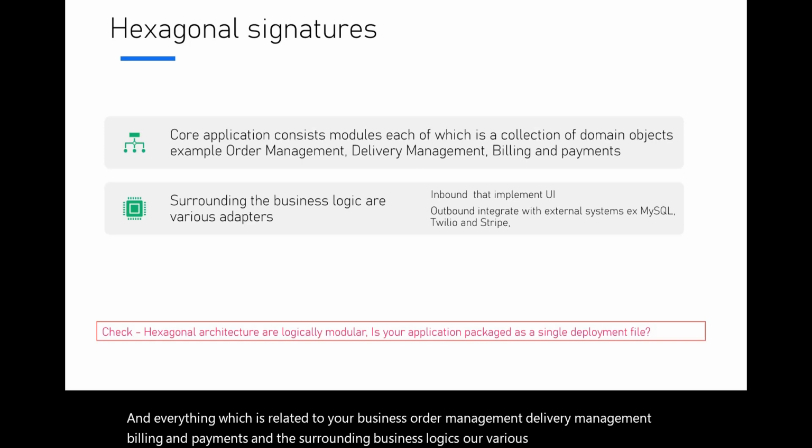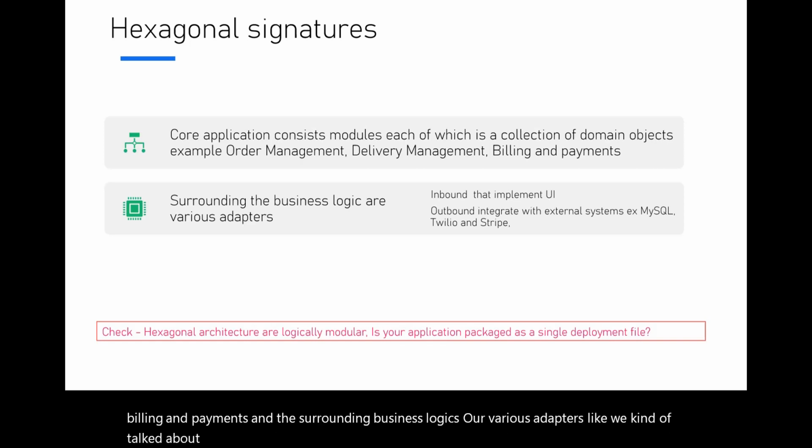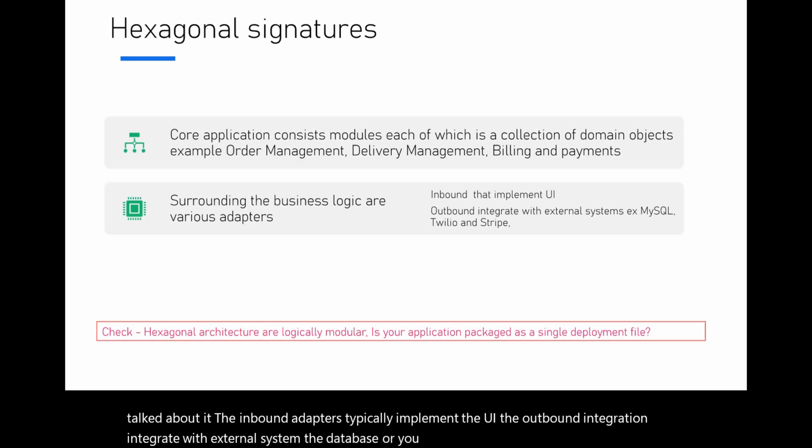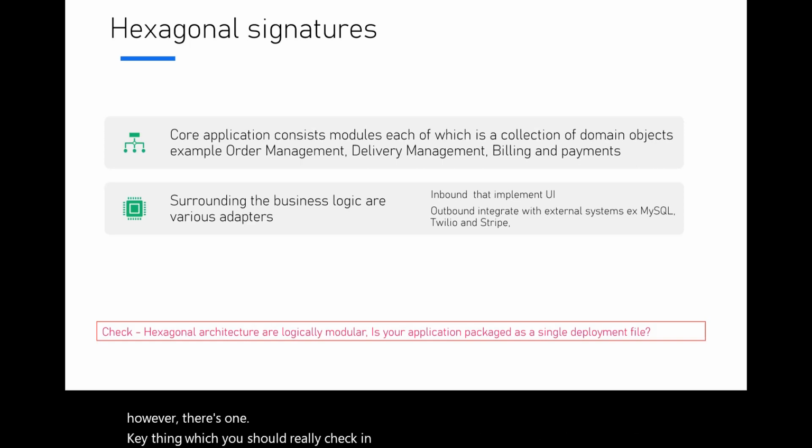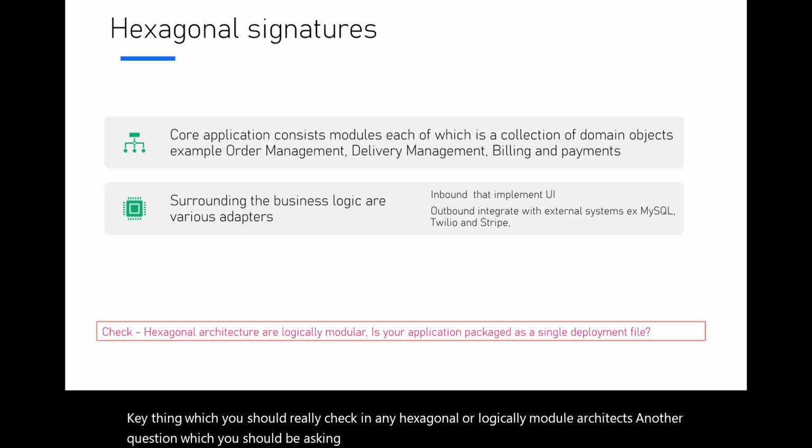The inbound adapters typically implement the UI, while the outbound adapters integrate with external systems like the database or other services such as Twilio and Stripe. However, there's one key thing you should check in any hexagonal or logically modular architecture. The question you should be asking yourself is: is my application packaged as a single deployment file?